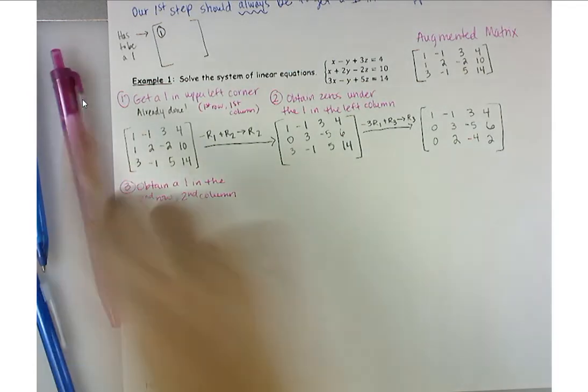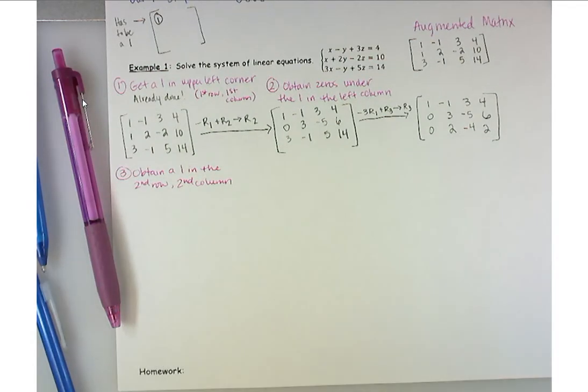Now, the reason why we're doing it in this order is because you'll kind of see as you play around with these, sometimes when you do an operation, it undoes a step you've already done. So if you do it in this order, it eliminates having to go back and rework some of those numbers.